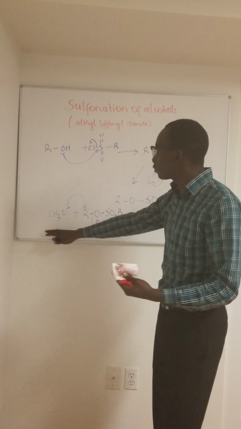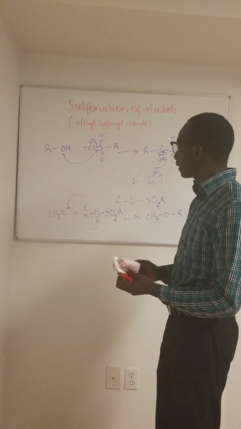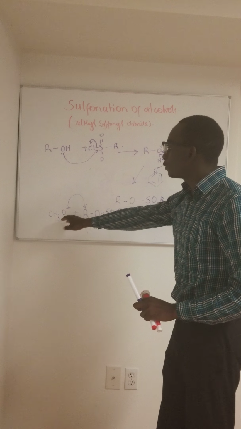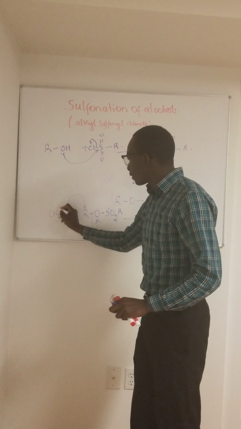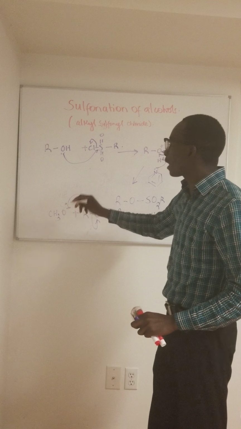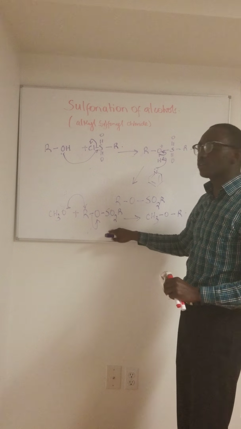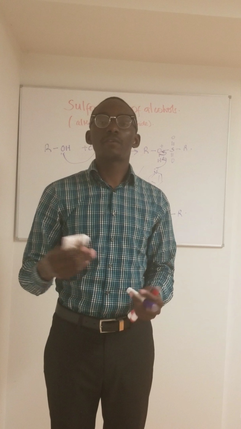For example, if I want to make an ether, this is how I make an ether. If I want to make something else, I can replace this with a nitrogen or an amine. So we can use these sulfonated alcohols to synthesize other types of compounds.